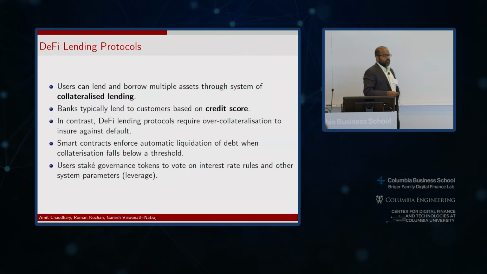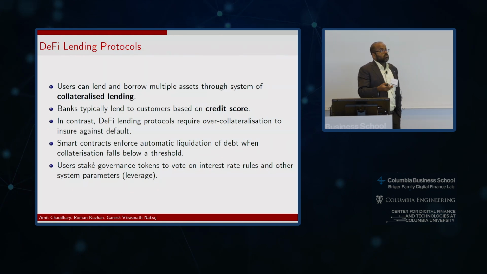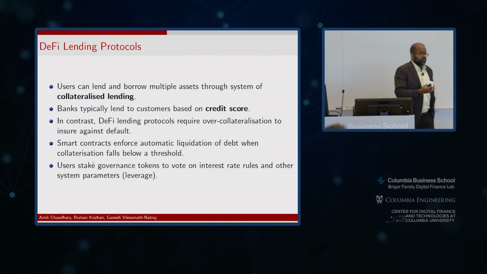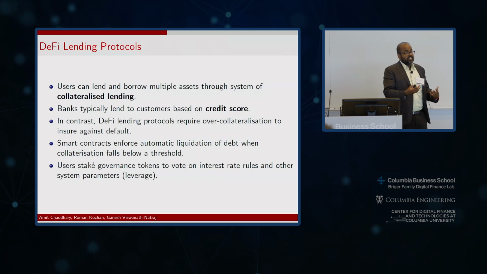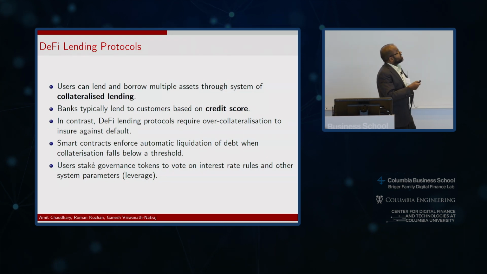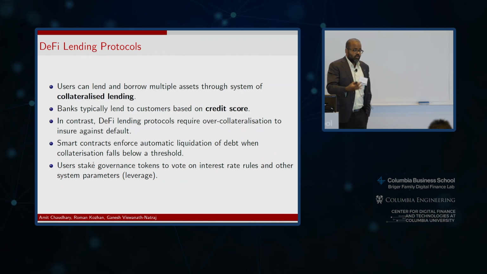Essentially, I will talk about decentralized lending protocols. Many of you may be familiar with decentralized exchanges like Uniswap, but lending protocols offer intermediation services where you can have both lending and borrowing of different assets.